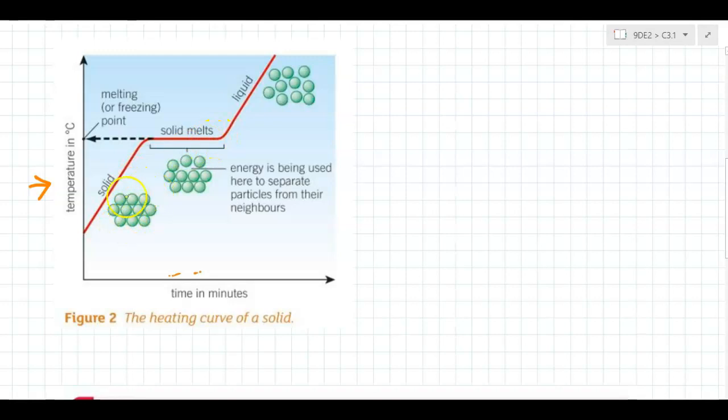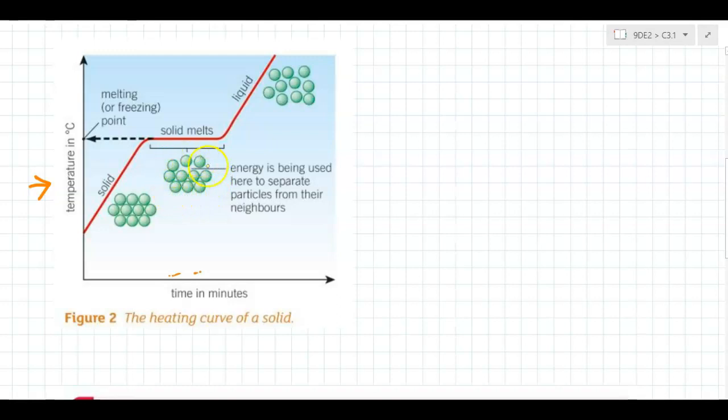And that's because in this part of the graph here, the heating is increasing the kinetic energy of these particles, and they're vibrating more and more. And when they get to this temperature, they're hot enough to separate and start to move around each other.